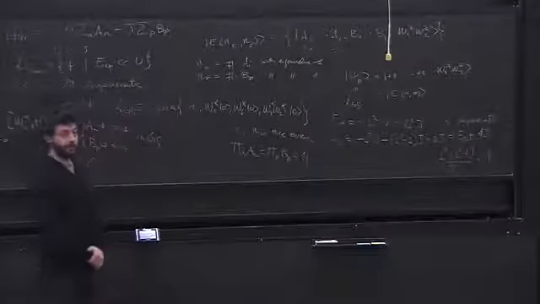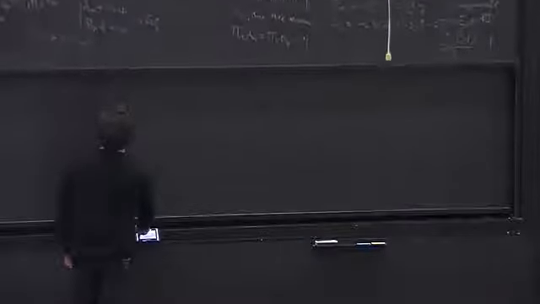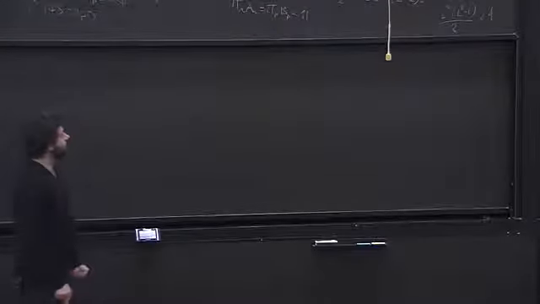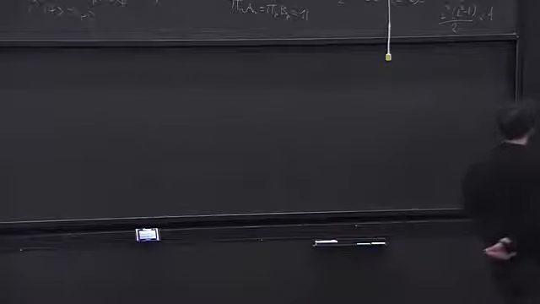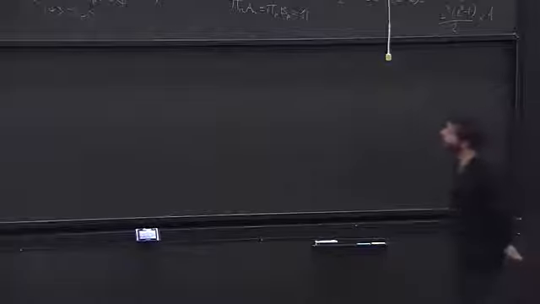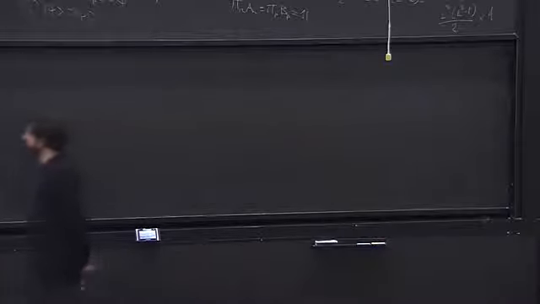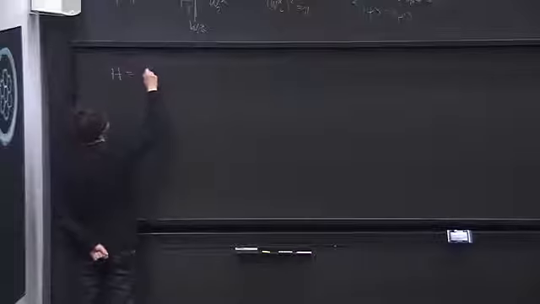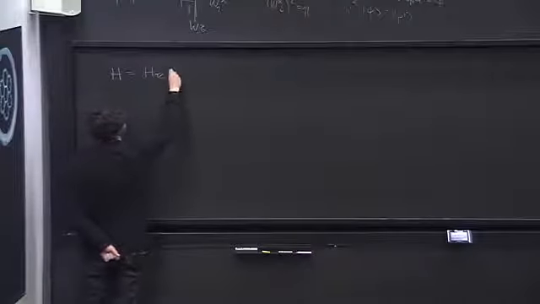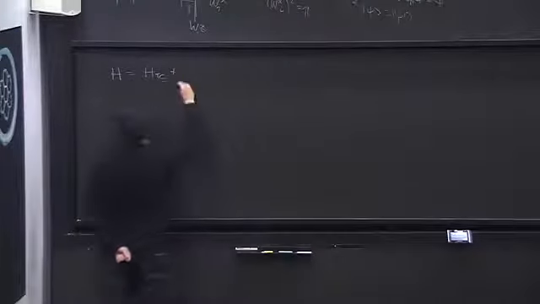So this is the spectrum. Now we want to see, so this is called the toric code Hamiltonian. And we are interested in studying the Hamiltonian of the toric code in the presence of a local perturbation.